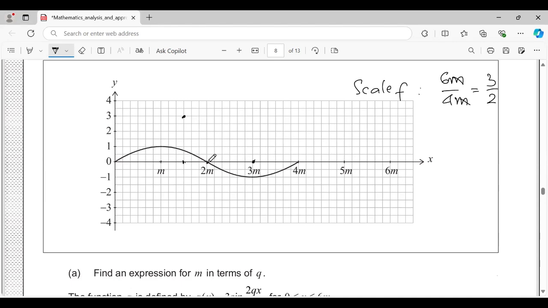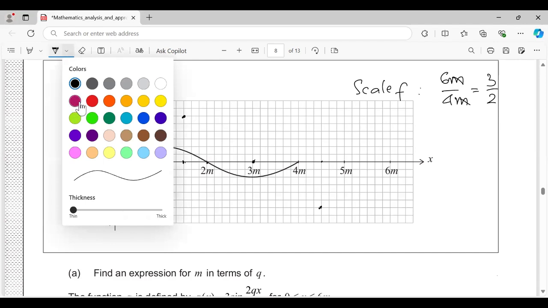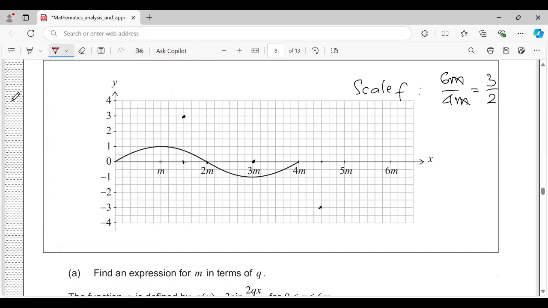Okay, and then this coordinate point 3 multiplied by 3 over 2 becomes 9 over 2, right here, and the amplitude minus 3 here. Okay, so we can sketch the graph. It will be like this. I'm going to use a different color. Okay, this one.